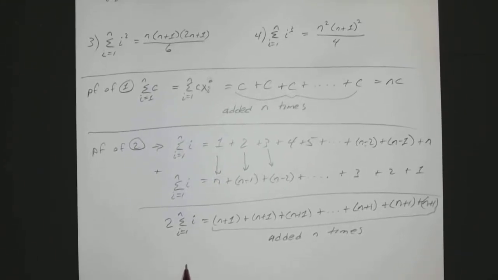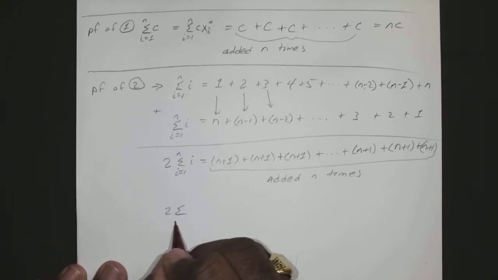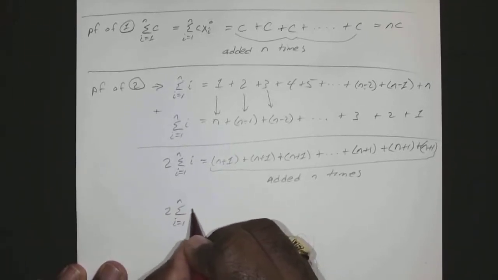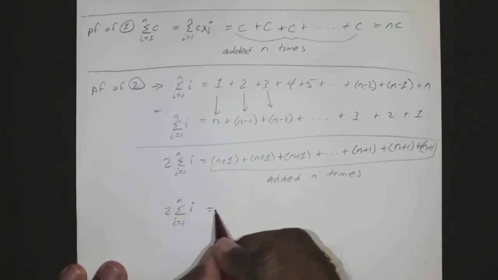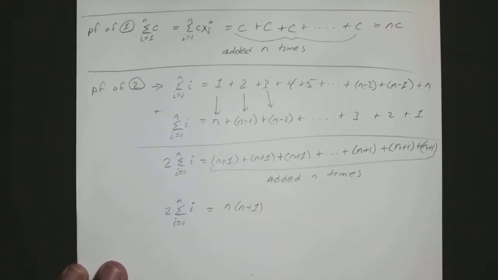So this gives us the sum of 2 from i equals 1 to n of i equals n times n plus 1. Then if we just divide both sides by 2, those two would cancel out.